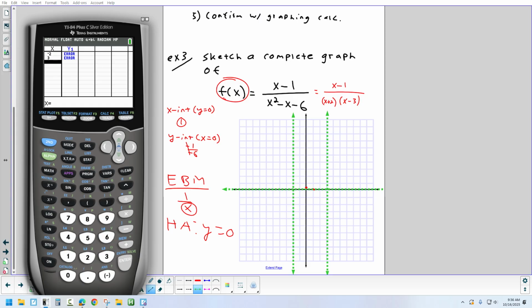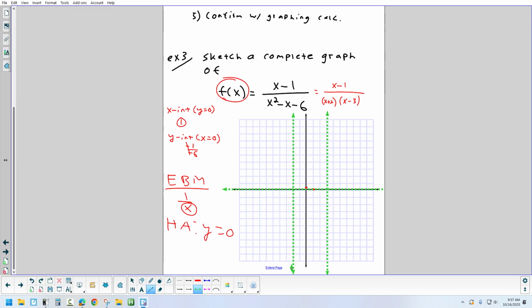I'd like to be really close, within like a hundredth or a thousandth. Sure, -2.001. I'm way down at -600. So as you approach -2 from the negative side, it's way down. I'm going to draw way down like that.